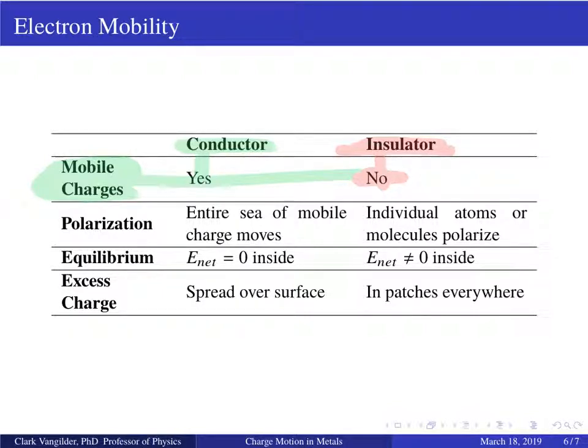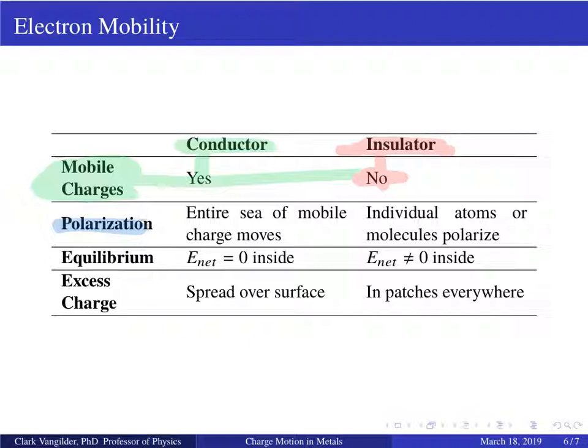Now, an insulator can obtain charge, but the charges can't move. So you can transfer charge to various patches on the outside of an insulator, but you can't get the charge to move through the insulator. You can transfer it to and from it, but you don't move it through it. Okay?